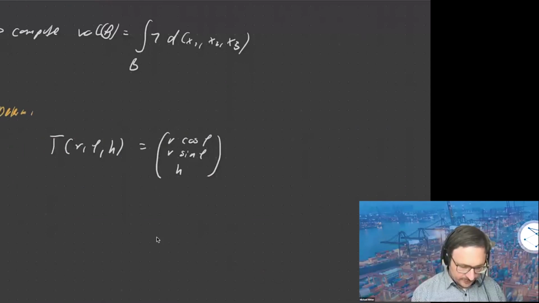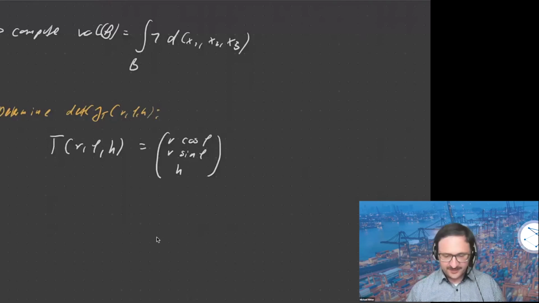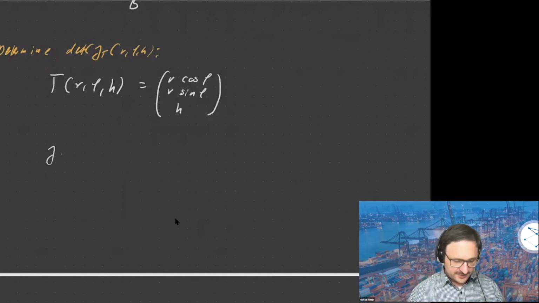So we want to determine the determinant of J_T of (r, phi, h). Okay, well, how do we do that? We first compute the Jacobian, of course, J_T of (r, phi, h).